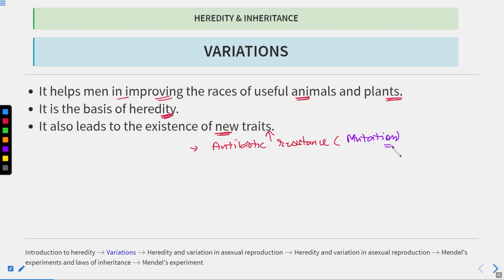Because of this mutation, there was a variation and it led to the development of a new trait, which is antibiotic resistance. Initially, the bacterial colony didn't have this antibiotic resistance. Then we added antibiotic to the medium, and due to some mutations, a new trait arose, which is antibiotic resistance. So the bacteria which had this antibiotic resistance gene were able to survive. So variations help in the development of new traits.